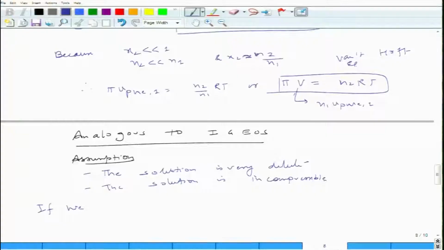So, if you can measure pi, temperature, as well as the mass concentration of solute, then we should be able to find out the molecular weight of the solute, and this is the very common way to obtain molecular weight of large molecules. So, if you measure pi, T and mass concentration in grams per L, you can find out molecular weight.